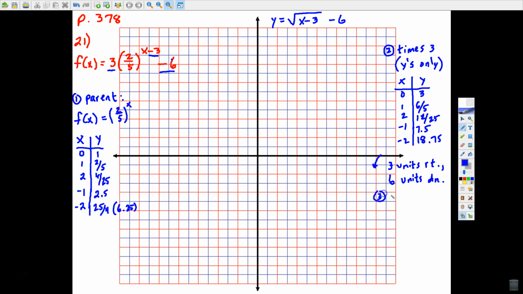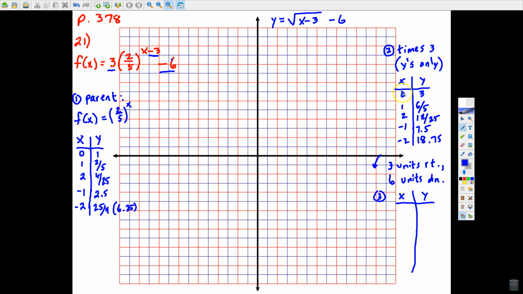Here's how I accomplish that to come up with my final table that I will graph from. To accomplish 3 units to the right, I'm going to add 3 to each one of these x's. That's essentially another way of saying if I'm here at (0, 3) and I want to go 3 units to the right, that's like adding 3 to the x coordinate, making it, instead of (0, 3), (3, 3).